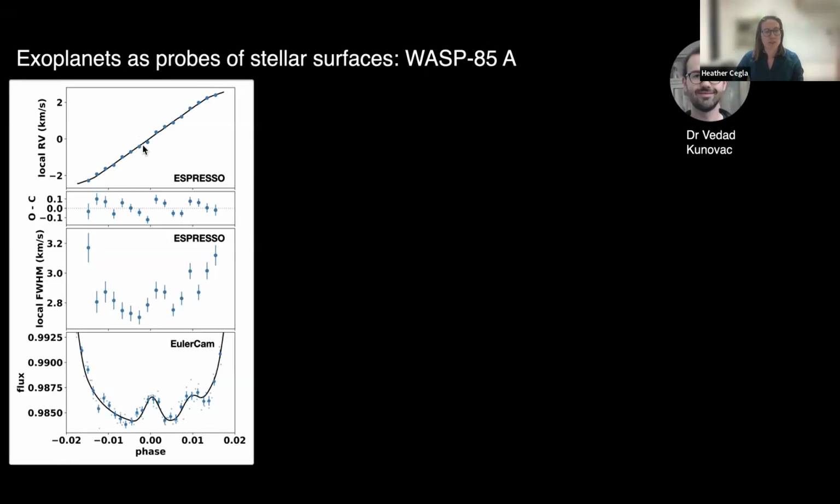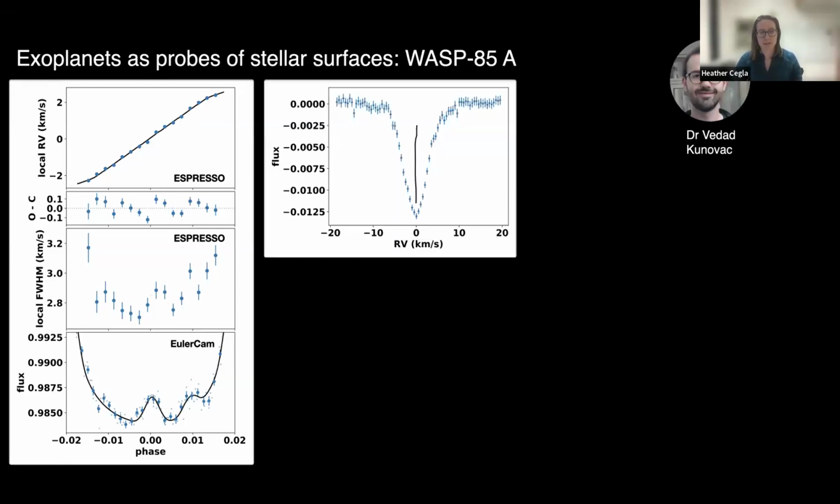You can't really see any deviation corresponding to these spots in the RVs, but you do see it in the full width half max of that local CCF. So there is an impact happening, but we're still probing what that is and what we can learn from it.